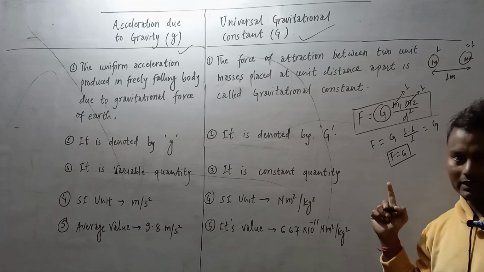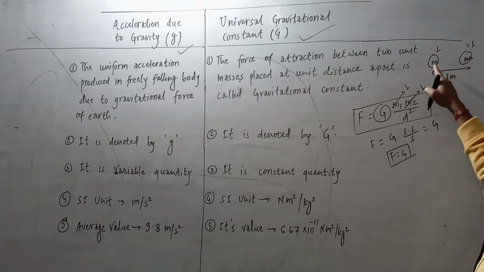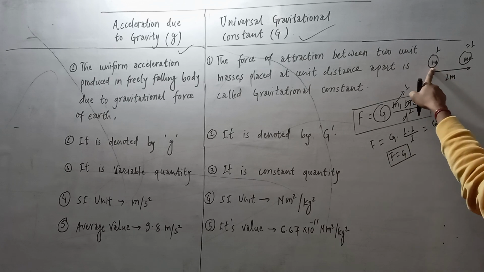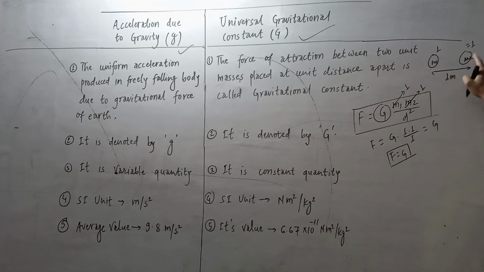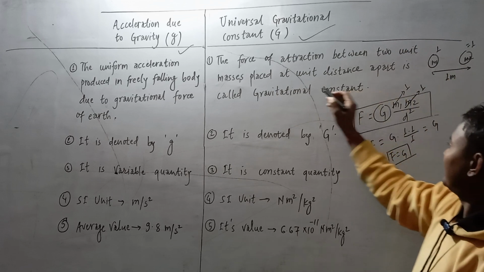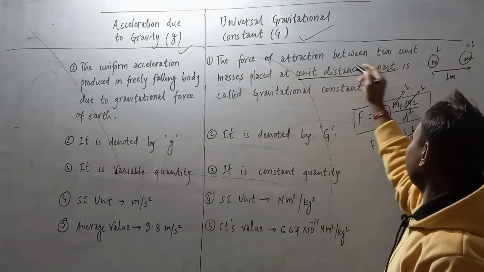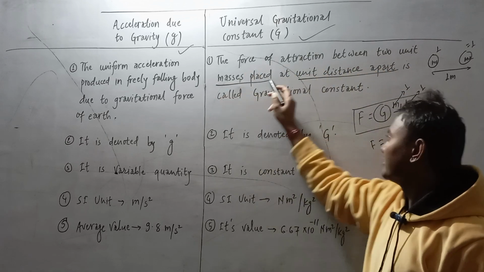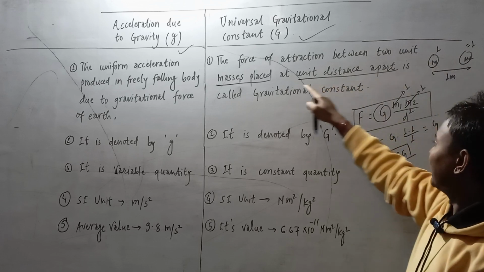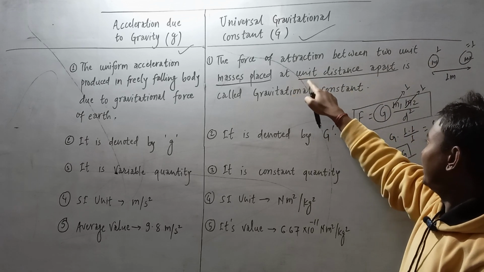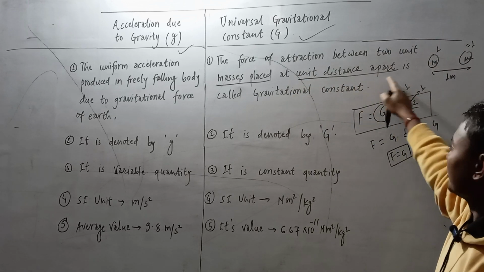So in this case, when the mass of the first body is 1 kg, the mass of the second body is 1 kg, and the two masses are separated by a distance of 1 meter, the force of attraction between these two unit masses at unit distance apart is called the gravitational constant. This is just the force of attraction between two bodies.